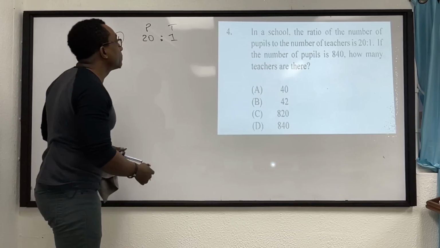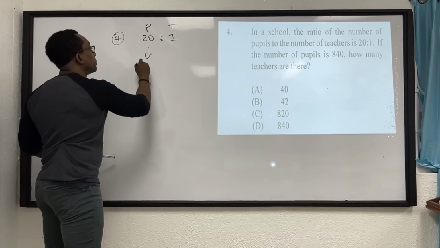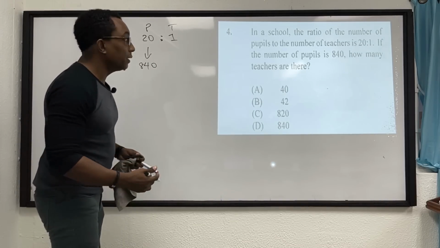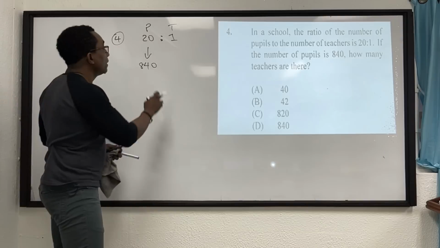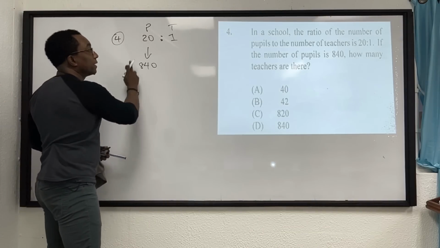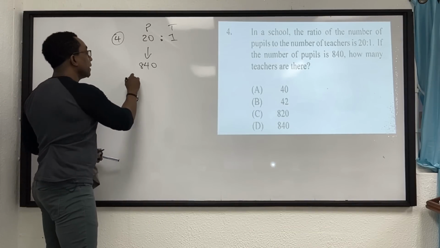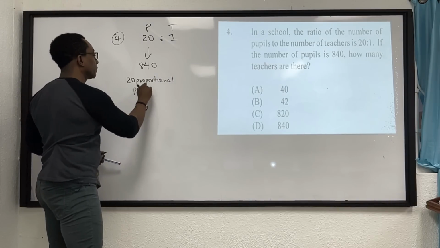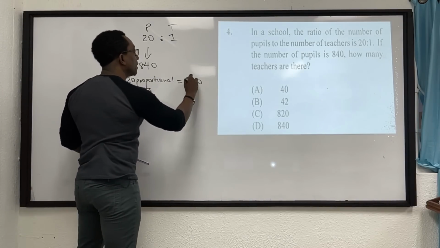So if the number of pupils is 840, what we can do is to create an equation or a relationship between your proportional part and the number of pupils. So in this case, 20 proportional parts is equal to 840.